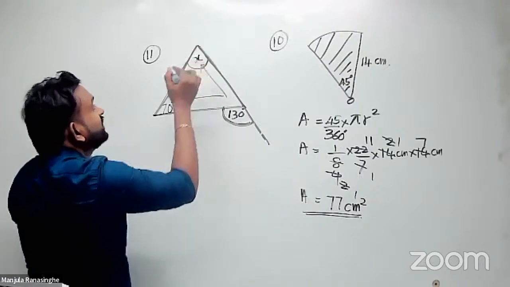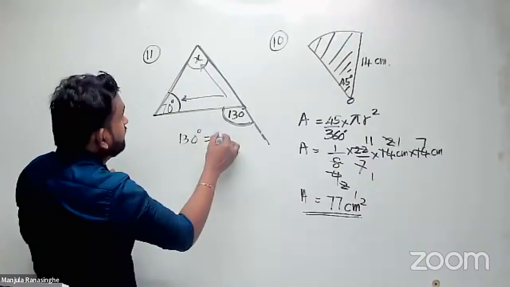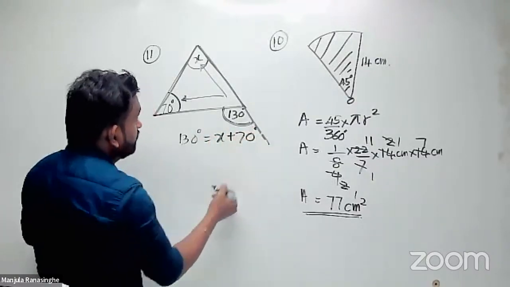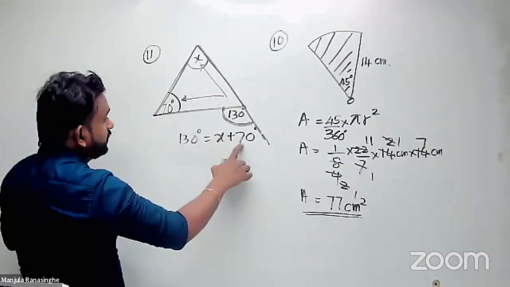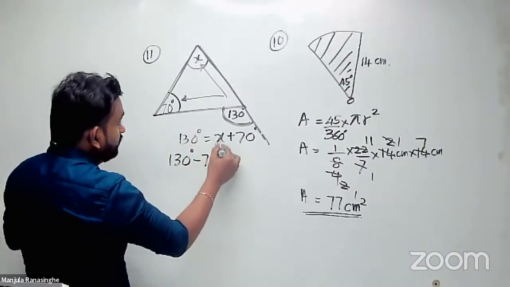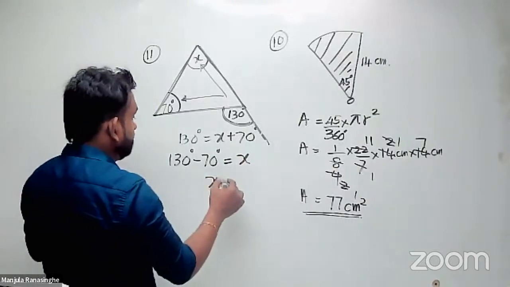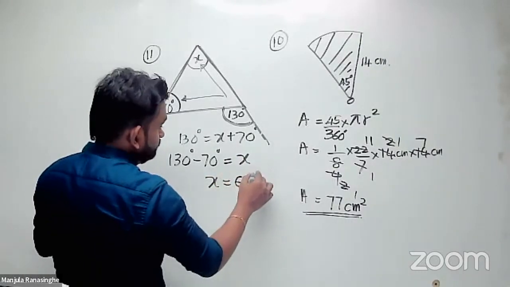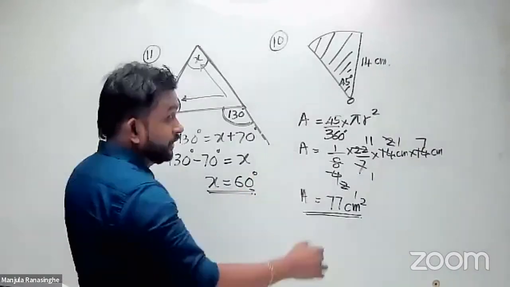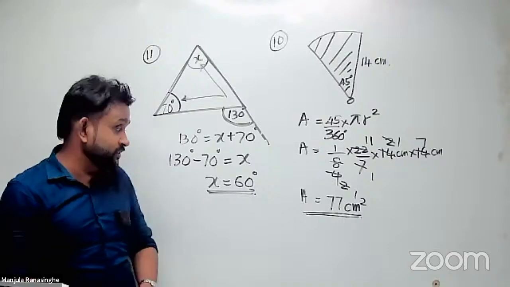If I take the asked angle as x, then 130 equals x plus 70 degrees. Then making x the subject, bring the 70 over as negative 70, so x equals 60 degrees.